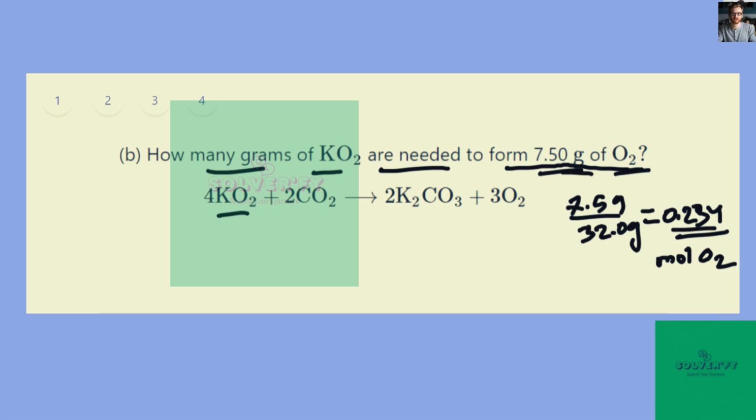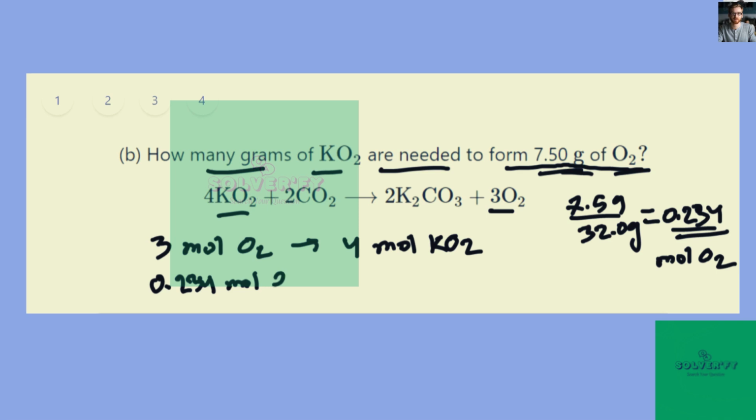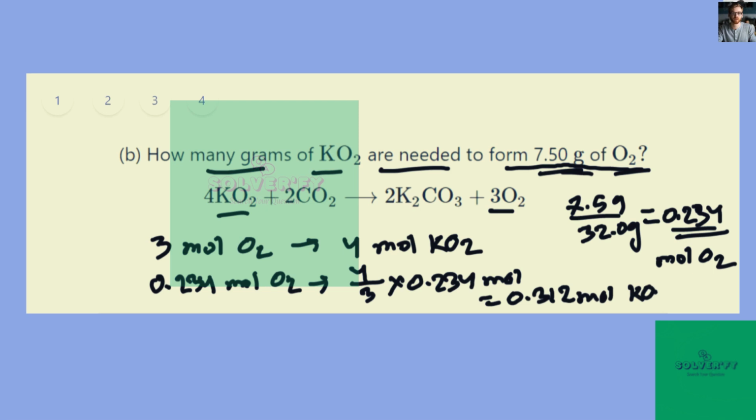So since 3 mole O2 is produced from 4 mole KO2, 0.234 mole O2 will be produced from 4 by 3 times 0.234 mole, which is equal to 0.3125, about 0.312 mole KO2.